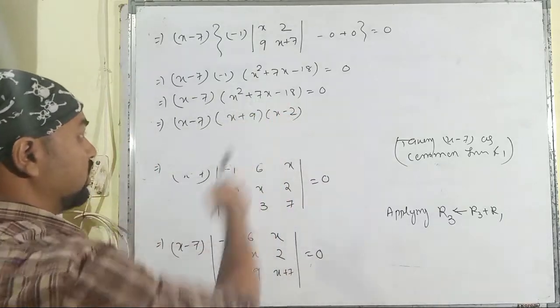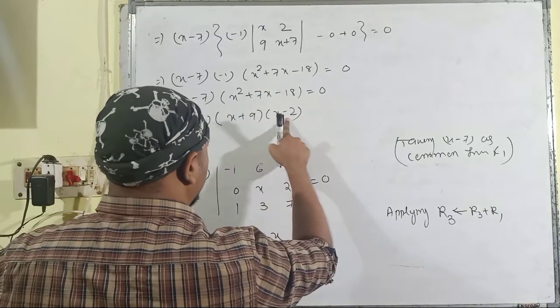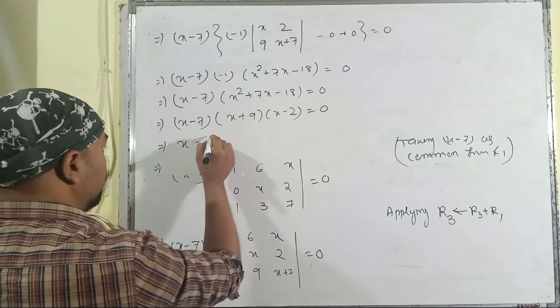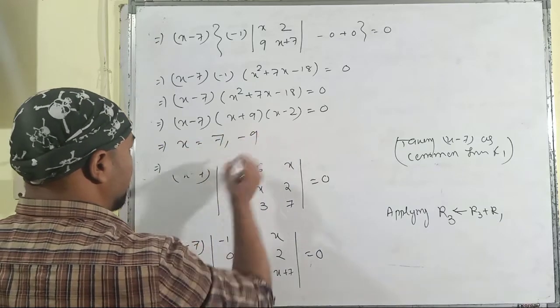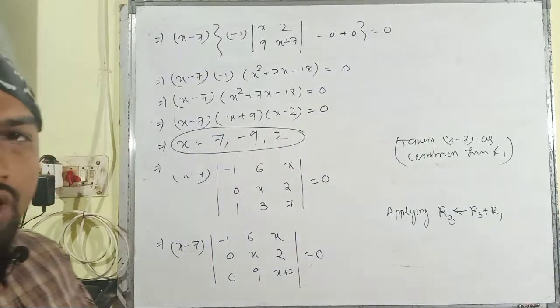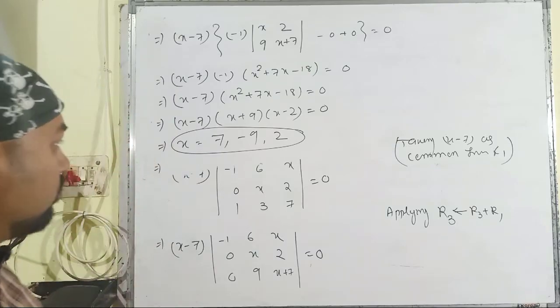Just factorizing this polynomial, we are getting x plus 9 multiplied with x minus 2, and this is equal to 0. So the values of x are 7, minus 9 and 2. These are the results of the third part of number 4. Then proceeding towards the next problem.